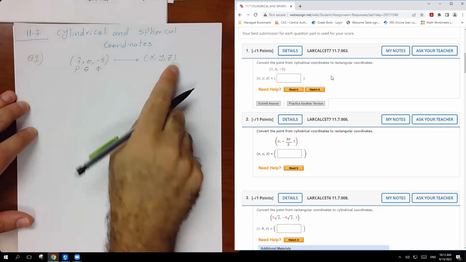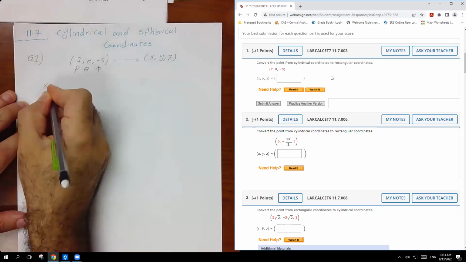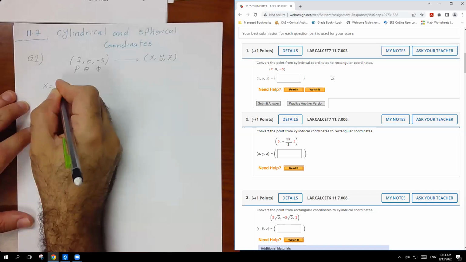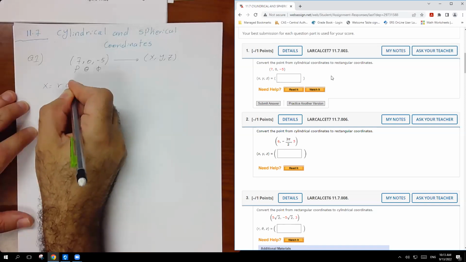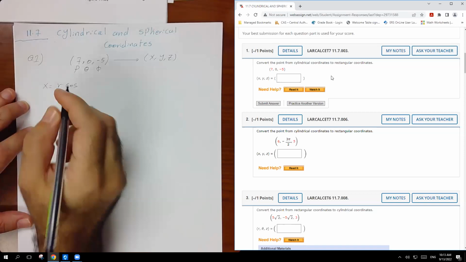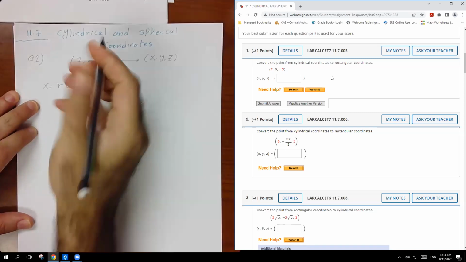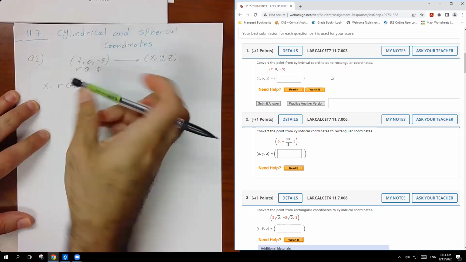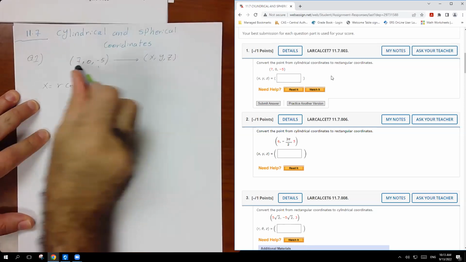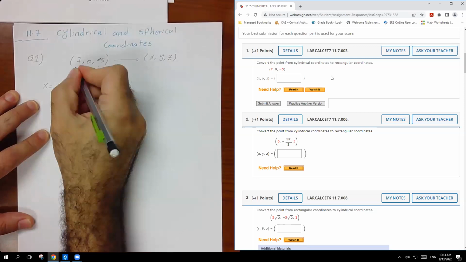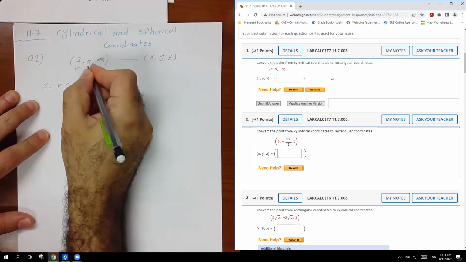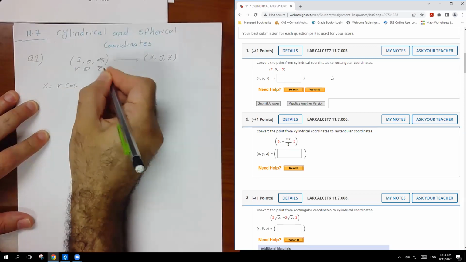With the cylindrical, x is going to be r cosine theta. This is not spherical, it's cylindrical. So this is r, and here is theta, and this is z.